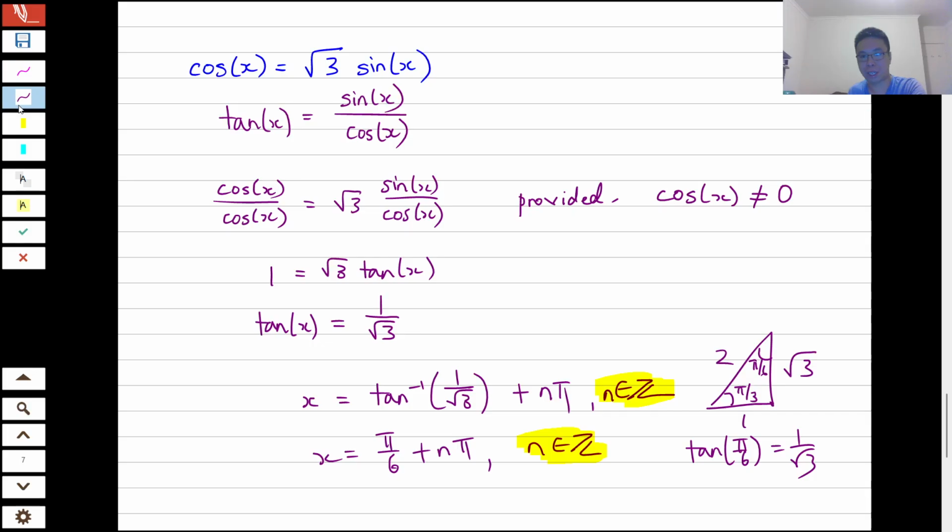Okay, now let's check. If cosine of x equals 0, then sine of x is plus or minus 1.